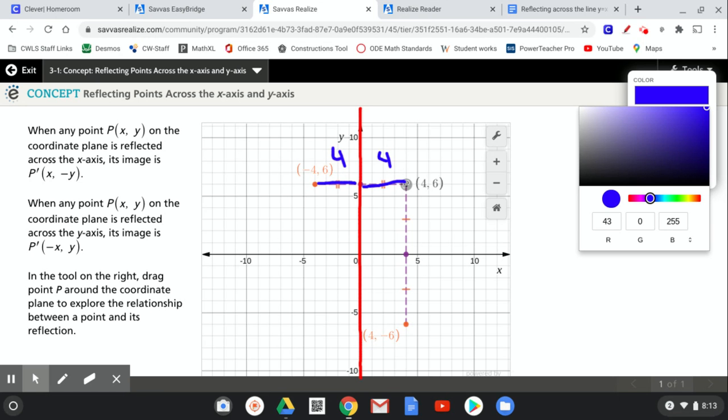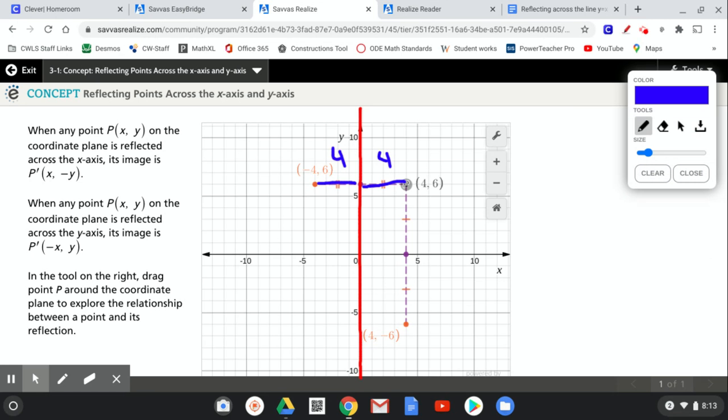Now we also have a rule when we're reflecting over the y-axis. If you look at the coordinates, it shouldn't be too difficult to figure out. We start off with the coordinates x comma y, so this works for any coordinate. If we start out with 4, 6 and reflect it over here, the x coordinate becomes negative.